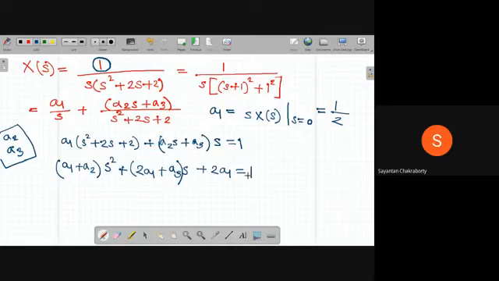See, I can write this is an identity because this constitutes the numerator of the polynomial, that is 1. So left hand side and right hand side, this is an identity. What are the key equations here? The first equation you can write 2a1 equal to 1, that implies a1 equal to half.